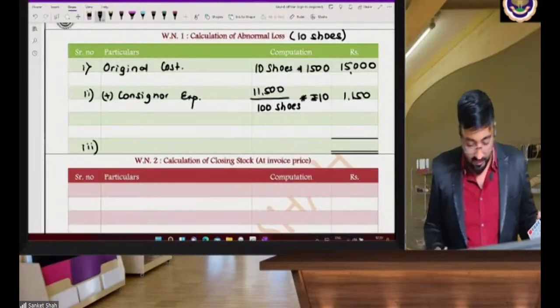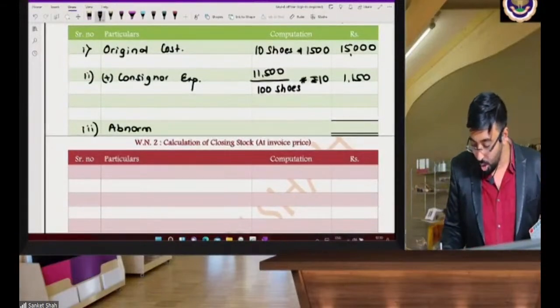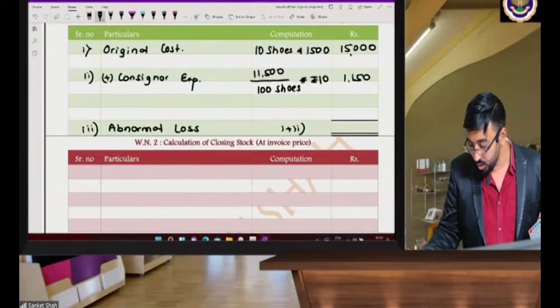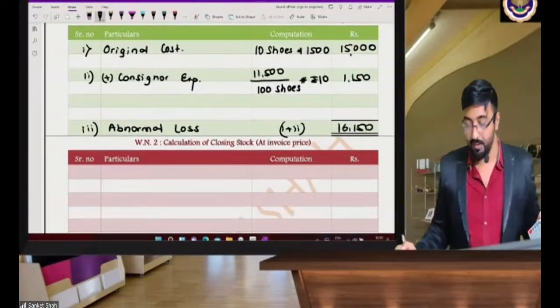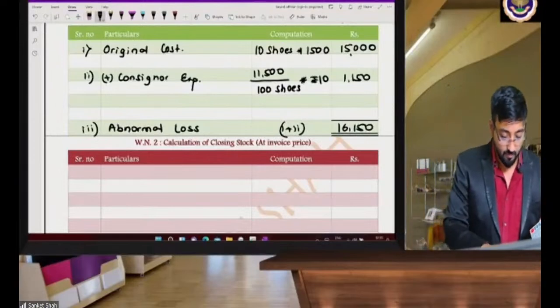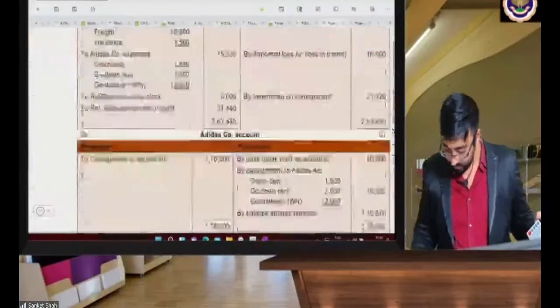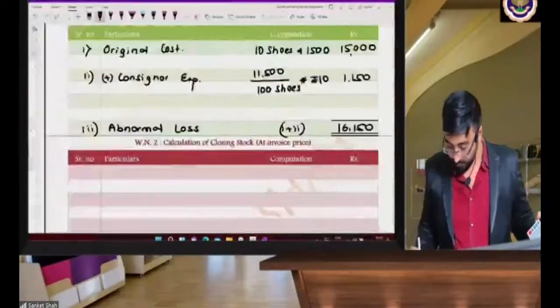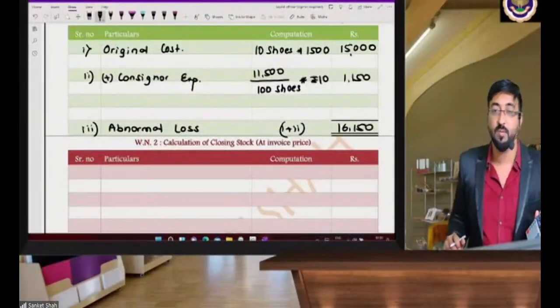And Roman 3, abnormal loss. 1 plus 2. So 16,150. Now you got this concept, 16,150.